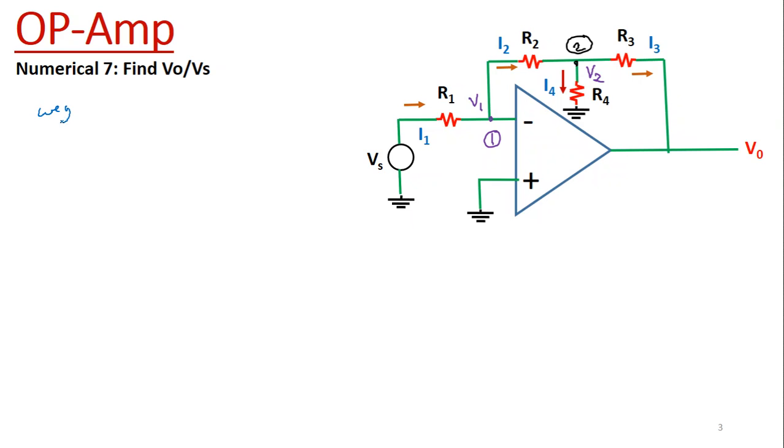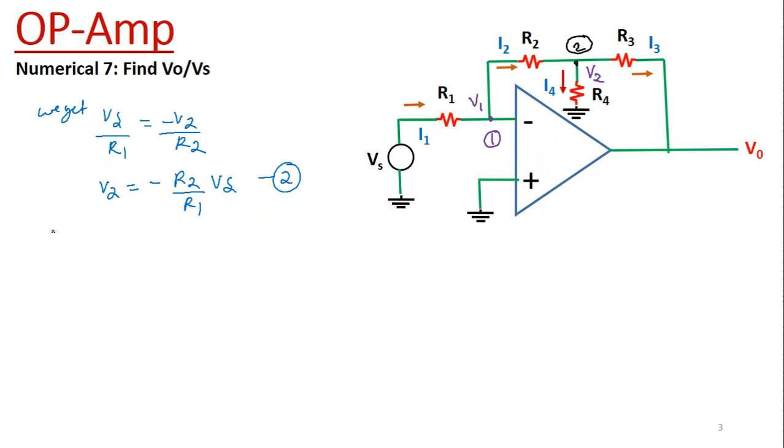We get Vs upon R1 is equal to minus V2 upon R2. From this equation we can find V2. V2 will be equal to minus R2 by R1 into Vs. This will be our equation number 2.